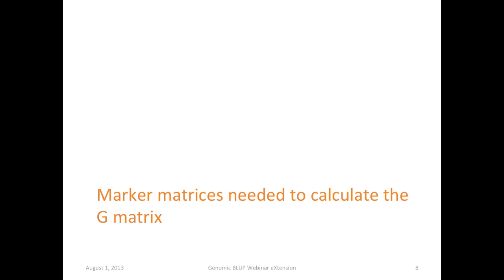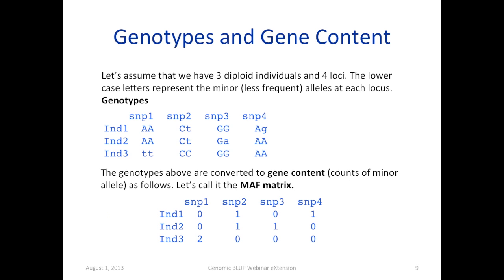So before we launch into calculation of genomic relationships from the markers, let's review some basic information about the markers and marker matrices we need to calculate the genomic relationship matrix. Genotypes and gene content.